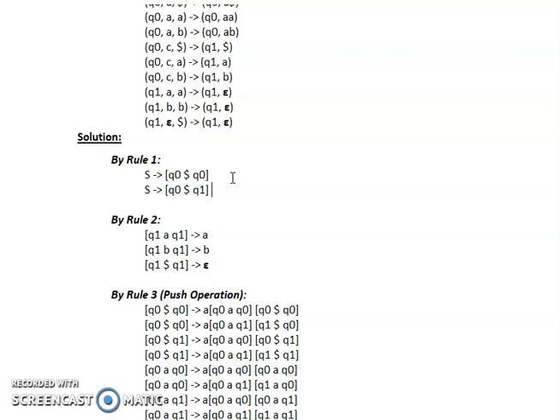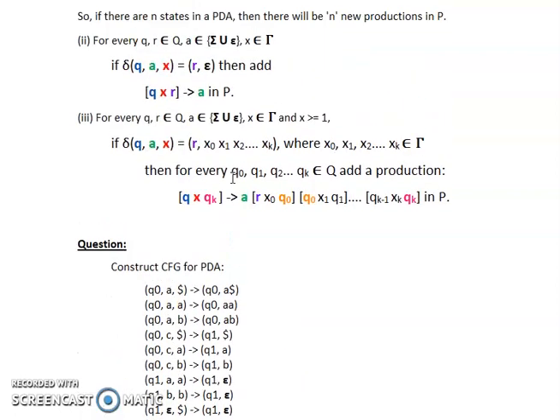Now let's check the productions by rule number 2. According to rule number 2, if there is a transition of this particular format, then we need to add a new production in this format. Now, how can we identify whether this transition is present in the PDA or not? We can identify it easily by the presence of epsilon on the rightmost side of the right side of our production.